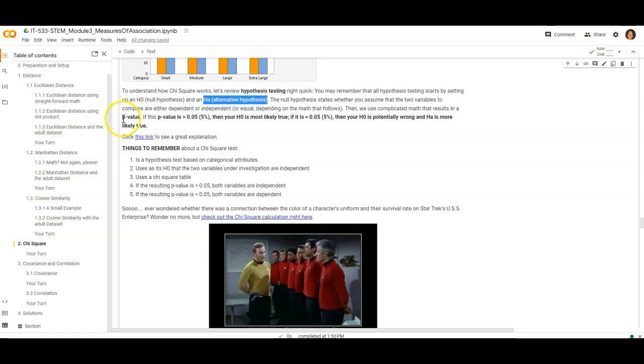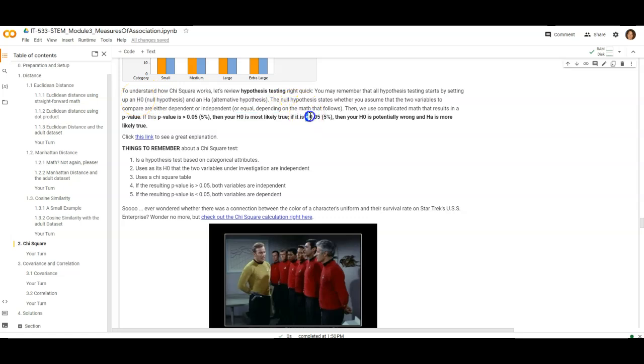We are going to look at the p-value that results from our chi-square calculation. If the p-value as a result of our chi-square calculation is greater than 0.05, which is 5%, then the H-null, our null hypothesis, is most likely true, meaning that the two attributes that we're comparing are independent.